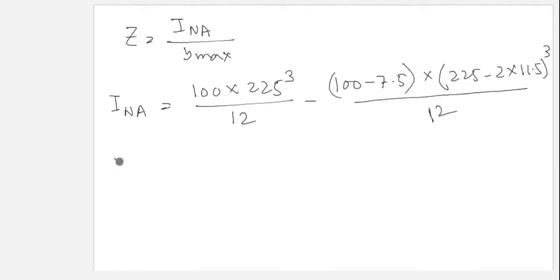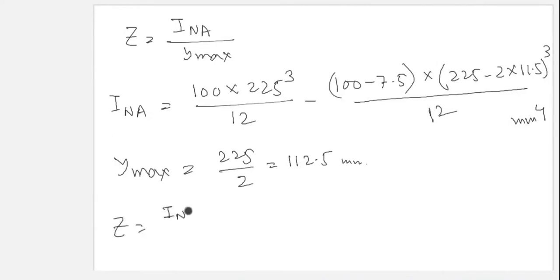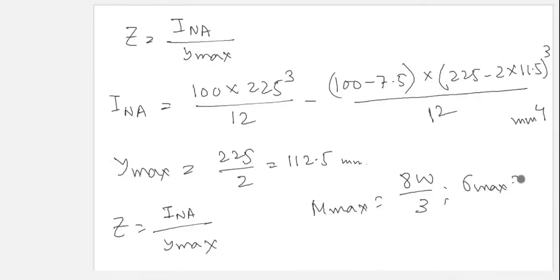So this is the I. Y max will be nothing but this 225 by 2, equals 112.5 millimeter, and this is in millimeter to the power 4. So Z will be this INA by Y max, and M max equals 8W by 3. Sigma max equals 80 Newton per millimeter square.